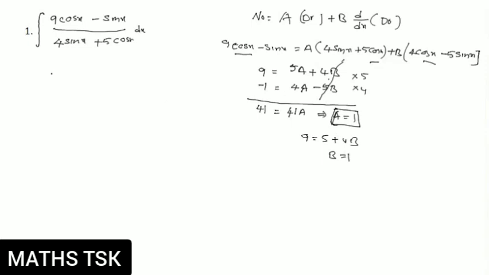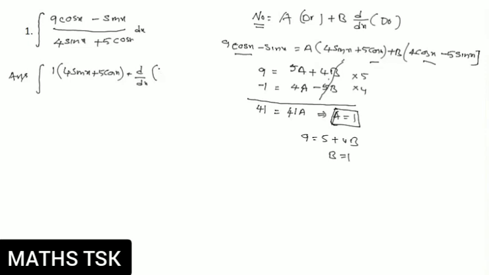So now come here. We have to answer like this. So integration of 9 cos x minus sin x, that is numerator, can be written as a into, that is 1 into, denominator 4 sin x plus 5 cos x. A into denominator plus b d by dx of denominator. B is 1.